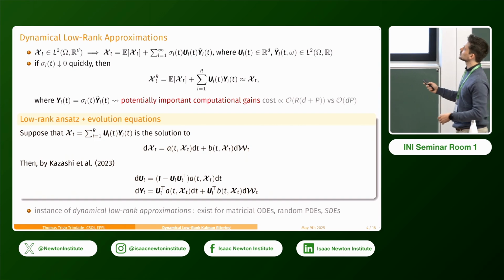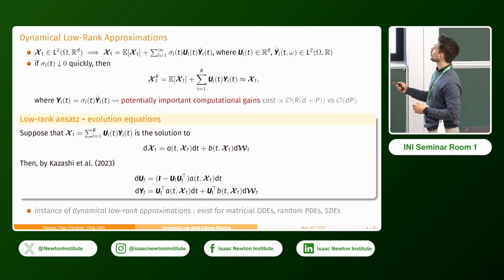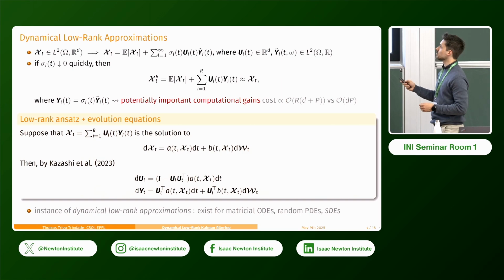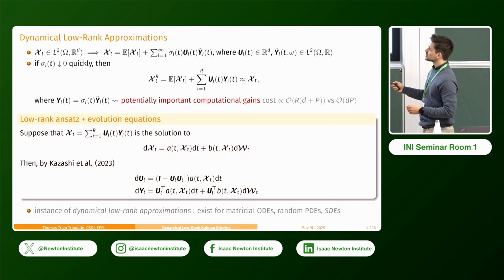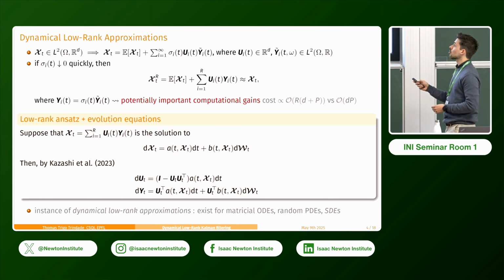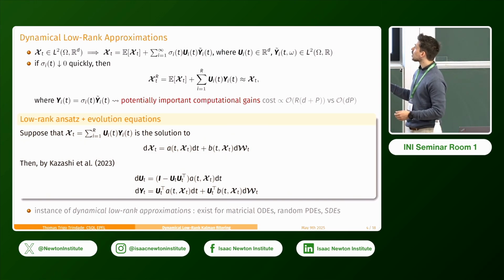Here the ui's are R^d valued functions, and the yi's are stochastic processes. Of course, there is a priori an infinite sum of them. But if the coefficients sigma i decay quickly enough, what this means is that you have a very good truncated approximation of your real process. You only need R of these terms to approximate the full signal.